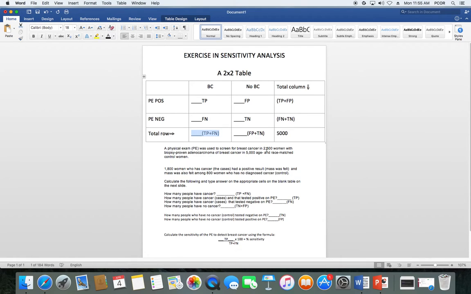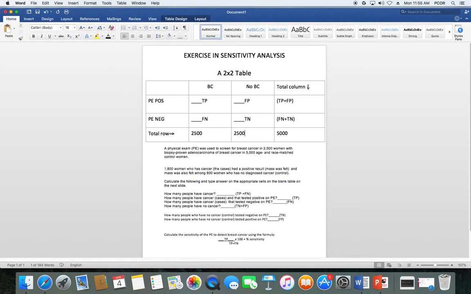According to this exercise, half of the women in the study have actual proven breast cancer. That's what I'm going to put here. If you have a total of 5,000, it makes sense that the difference between the total population and those with true proven biopsied breast cancer is 2,500.